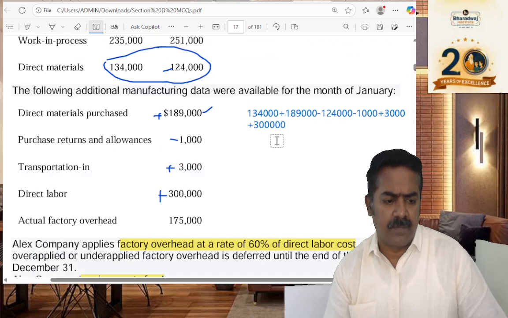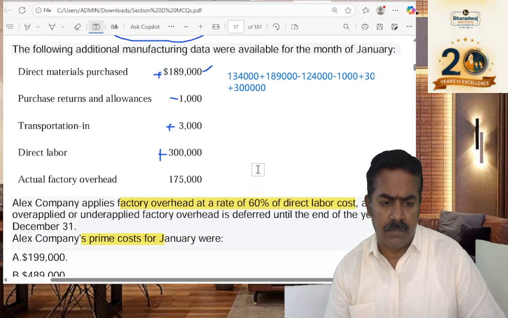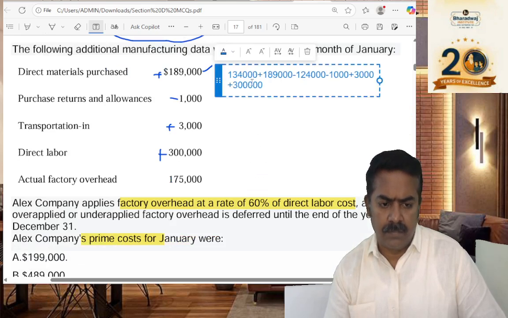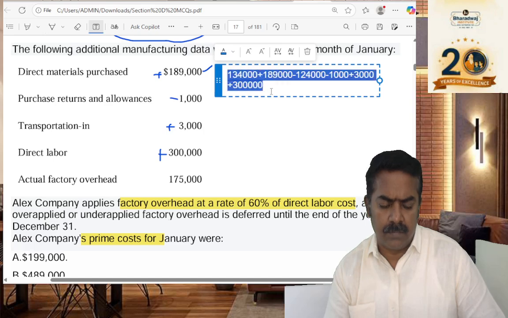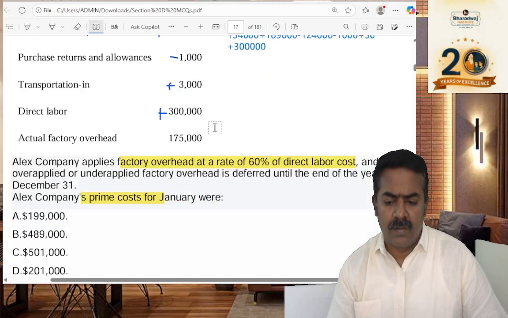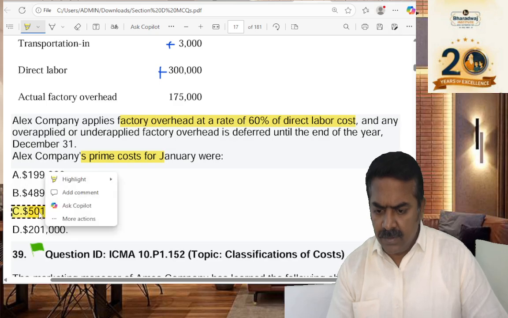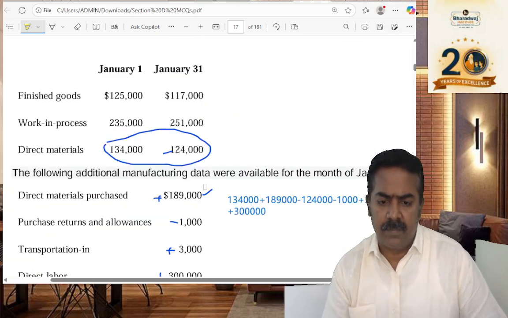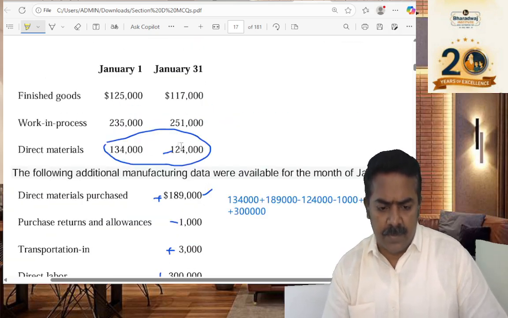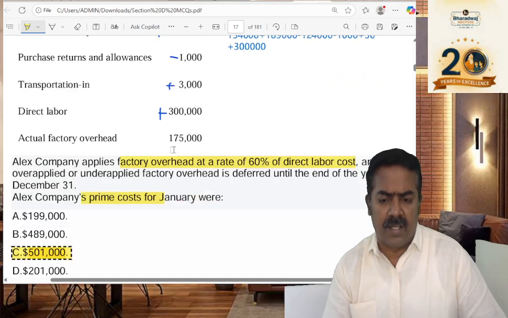Prime cost. Only this much. How much? 1,10,000. The question is only prime cost. Opening stock plus purchases minus closing stock minus returns plus transportation plus direct labor.